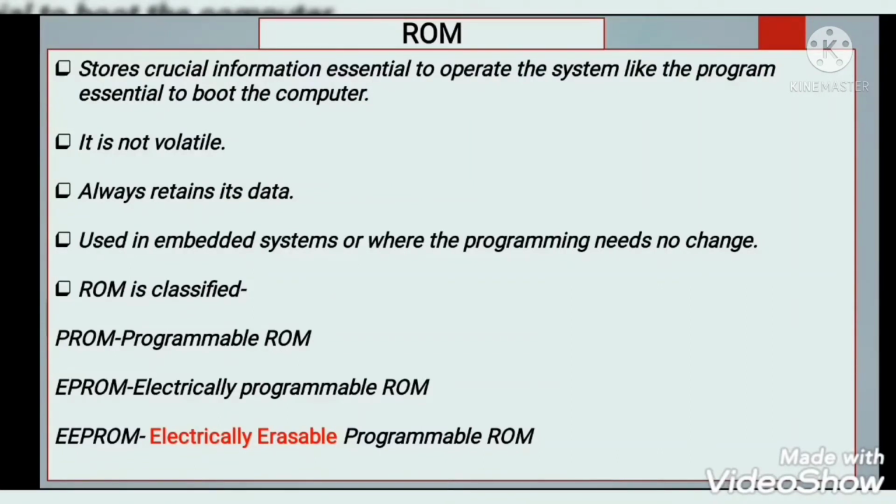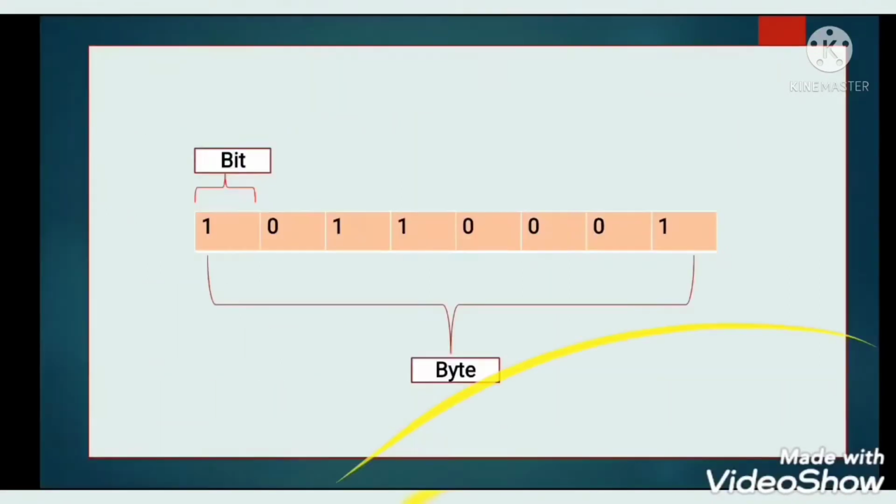I hope you will learn the full forms very carefully. Don't forget. I want to tell you these three types again. PROM, that is programmable ROM. EPROM, that is electrically programmable ROM, and EEPROM, electrically erasable programmable ROM.